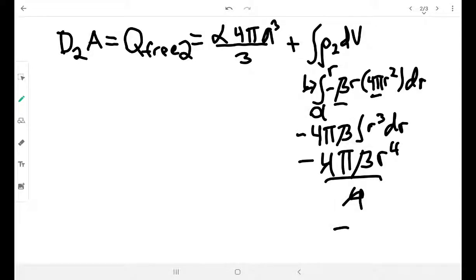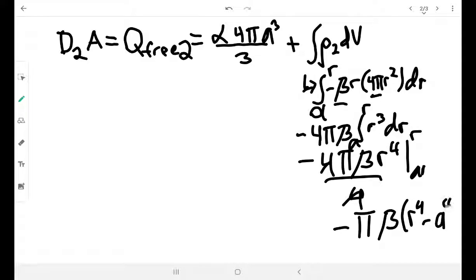We end up getting negative pi beta r to the 4th. And we plug in our bounds. Remember that this is going from A to R. So I'm going to rewrite this as r to the 4th minus a to the 4th. Okay, so that is our Q free for our second region.